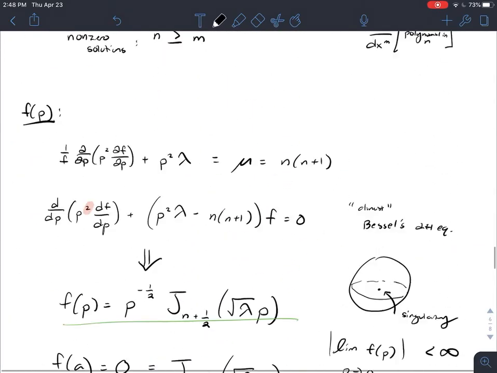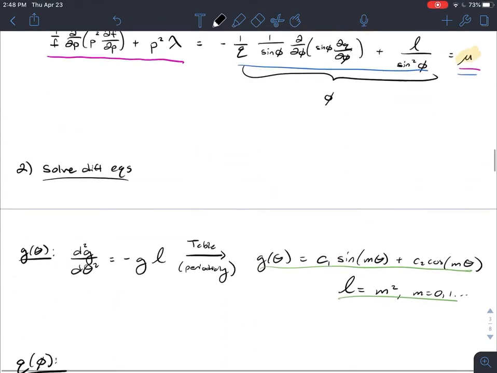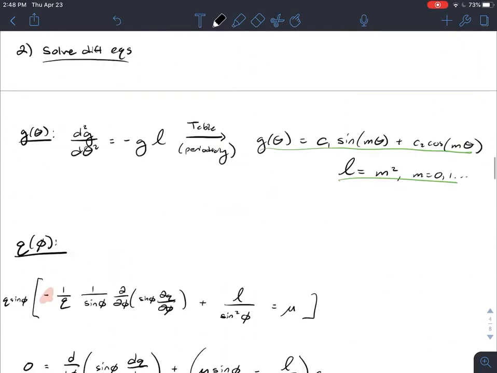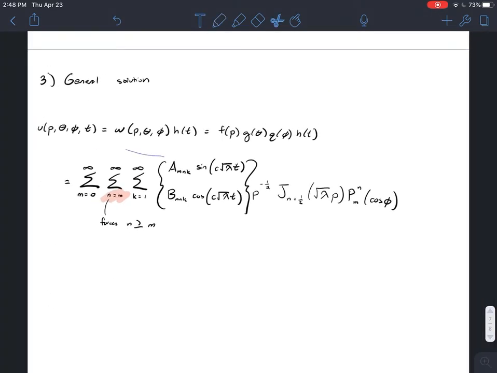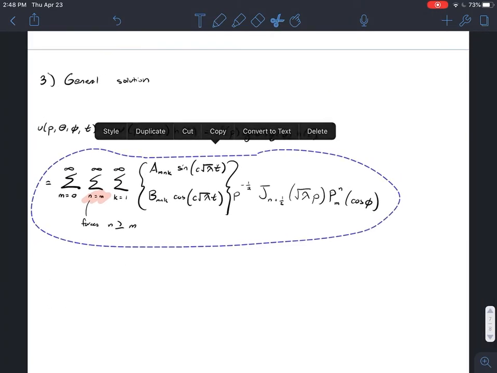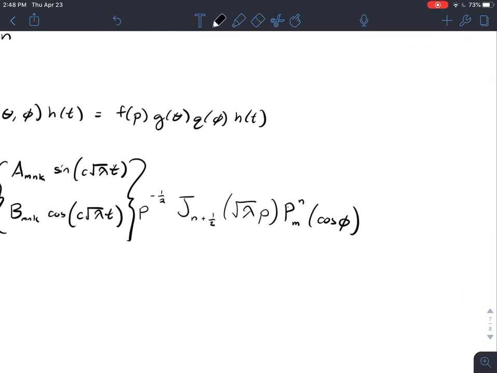We also need our g of theta terms, which are up here. G of theta is defined by sine m theta and cosine m theta. So we're going to have even more constants now. This general solution becomes kind of a mess when you have all these terms. So we're going to have c sub m, n, k cosine m theta, and then d sub m, n, k sine m theta. Actually, let me reverse this order so I can stay consistent.